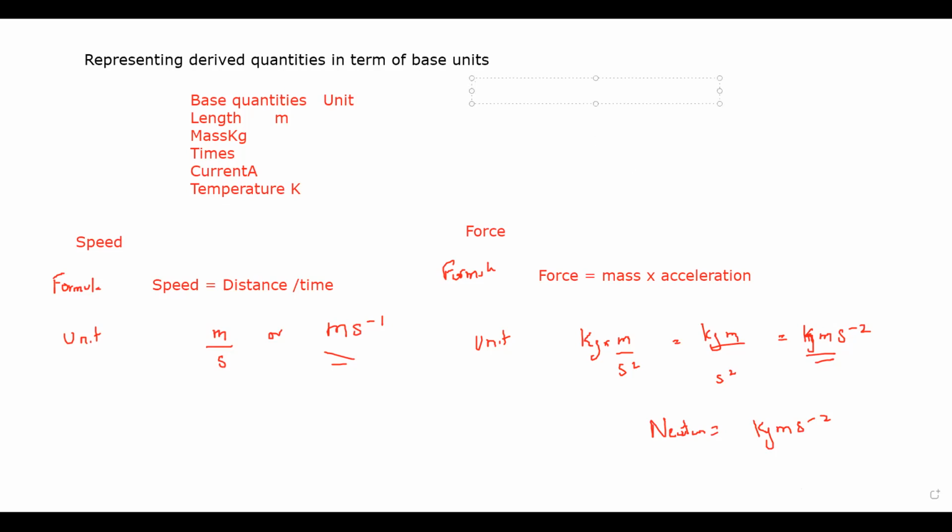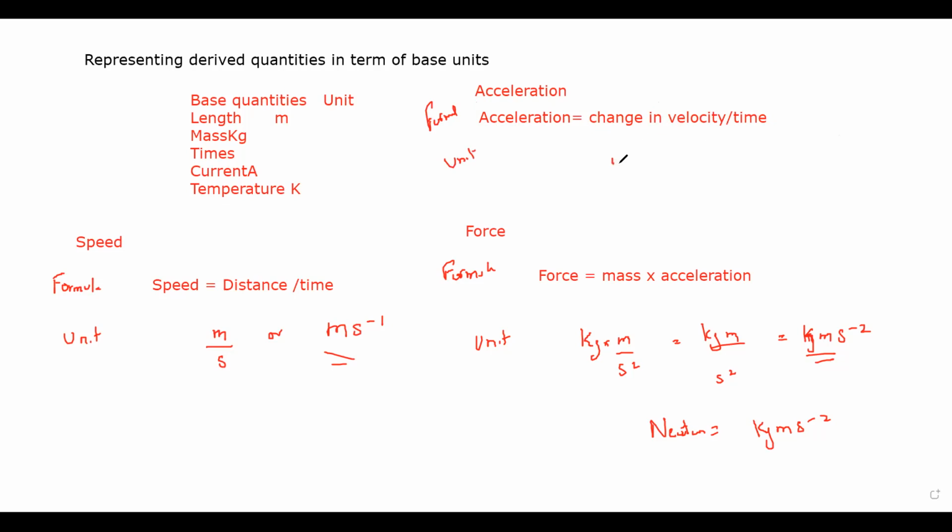Same way, if it was acceleration, the acceleration is change in velocity divided by time. So as acceleration is change in velocity divided by time, first we wrote the formula, then we'll write the unit.